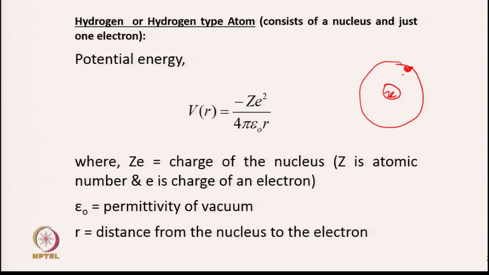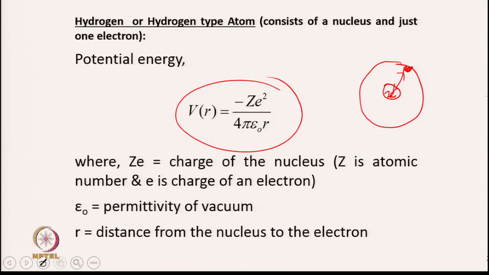So, this is a one-electron system we are talking about, and there is a force of attraction, which can be calculated, and that will be Ze square divided by 4 pi epsilon naught r square. And from that you can calculate the potential energy, and the potential energy is minus Ze square by 4 pi epsilon naught r.